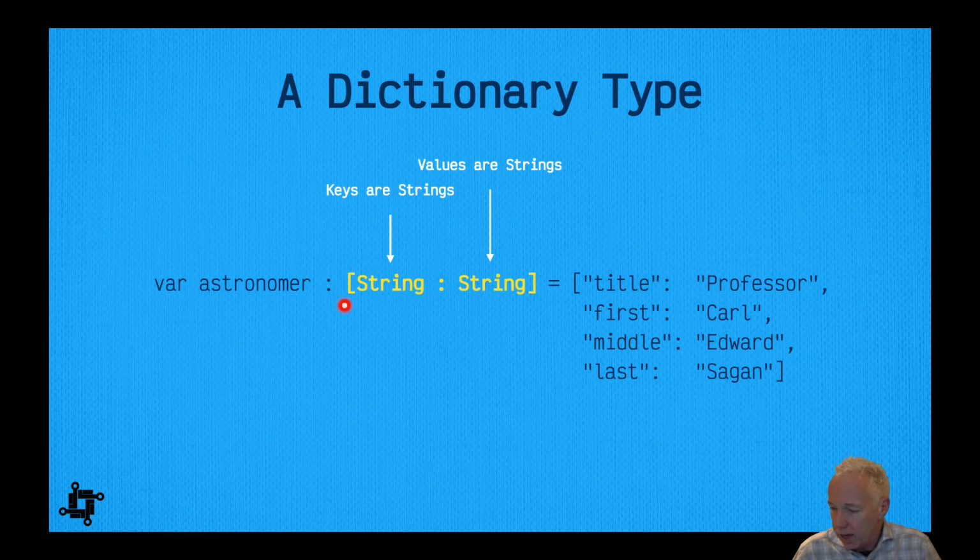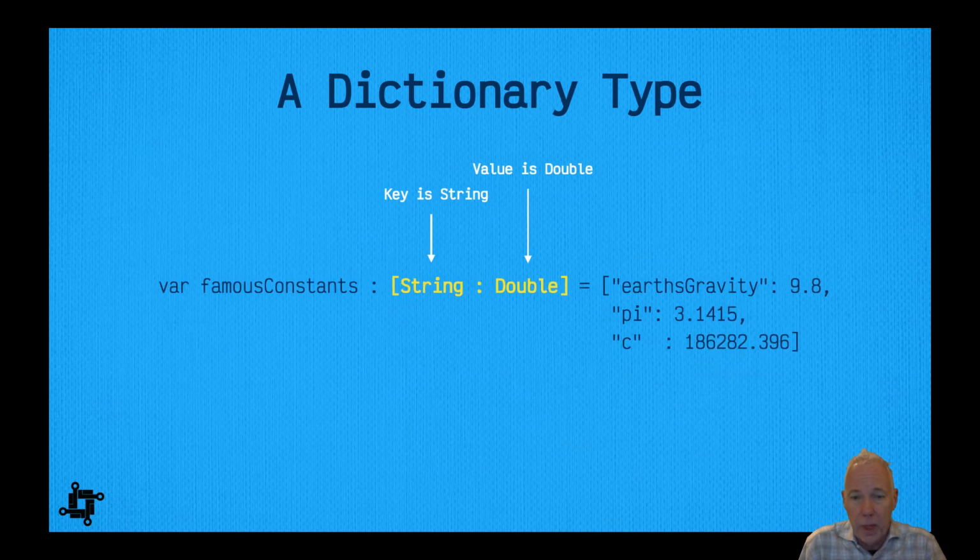If this was just a left bracket and a right bracket with a string, it would be an array of strings. But because we have left bracket, right bracket, and two types here with a colon in between, this means it's a dictionary. And again, this doesn't have to be string. This could be another type. This is almost always a string for the keys. So in this case, a double. Here we have a string for key and a set of doubles.